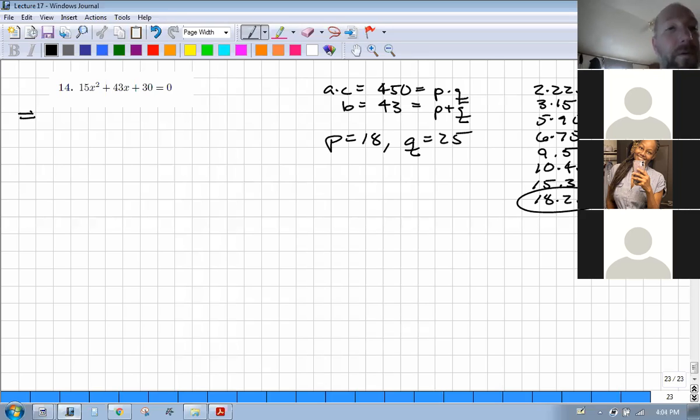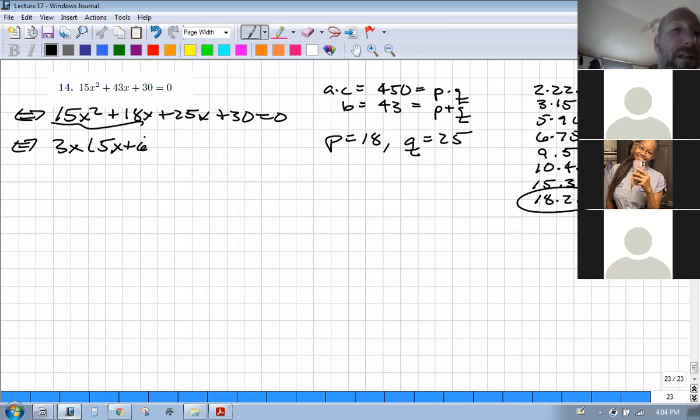So we'll rewrite 43x to be 18x plus 25x. So out of here, we'll factor out a 3x, which gives us a 5x plus 6. And over here, we'll pull out a 5, which gives us a 5x plus 6 again.